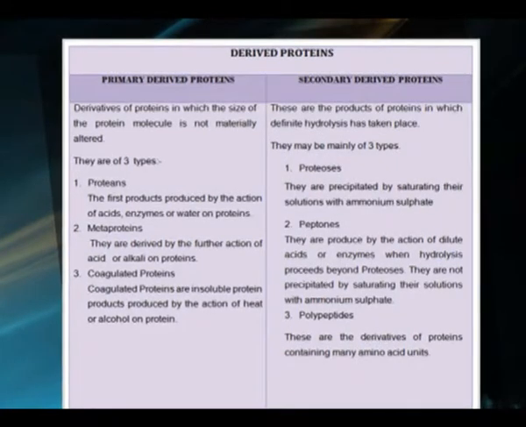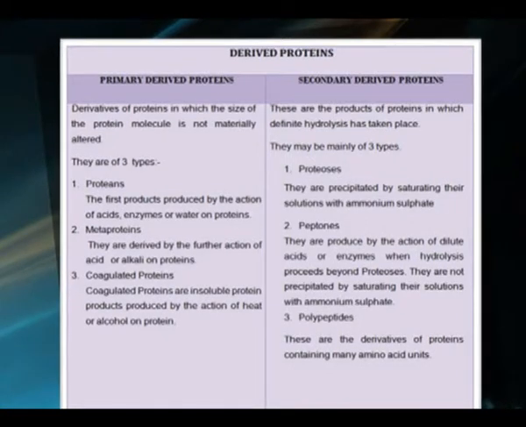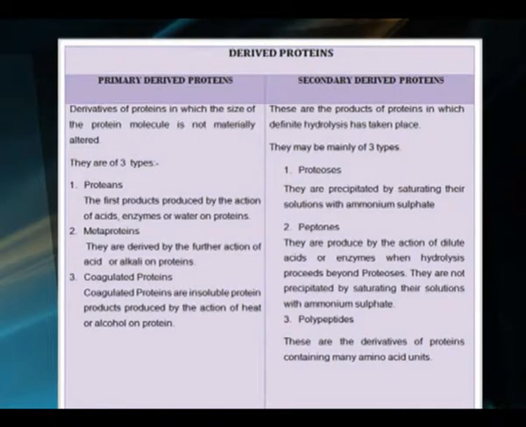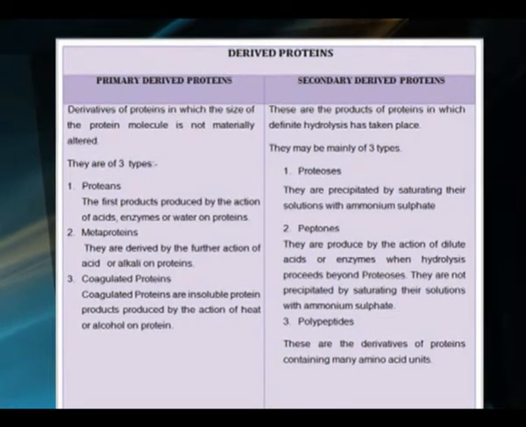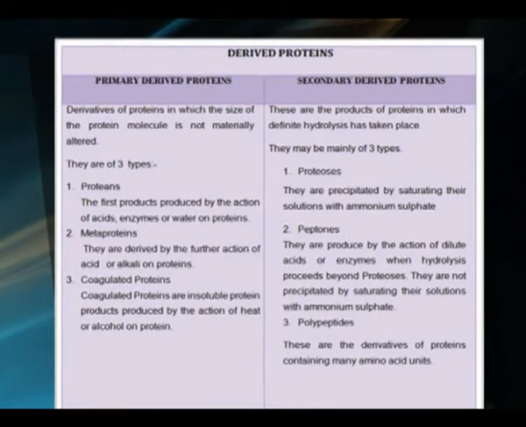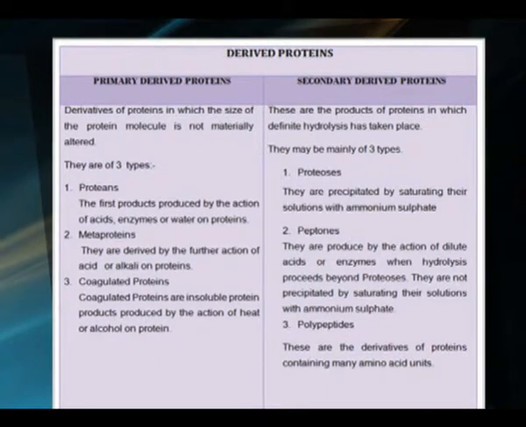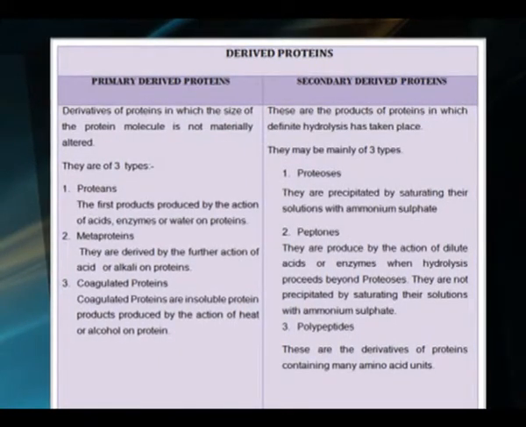Metaproteins are derived by the further action of acid or alkali on proteins. These are insoluble in water but soluble in dilute acid or alkali. Coagulated proteins, these are insoluble protein products produced by the action of heat or alcohol on protein. Coagulated egg white is an example of this type.